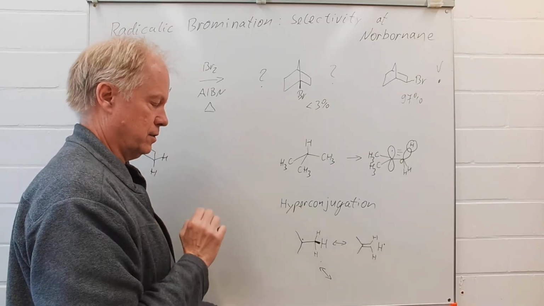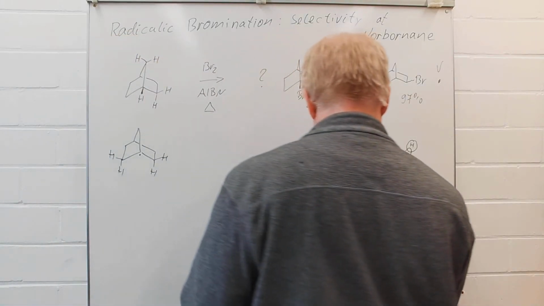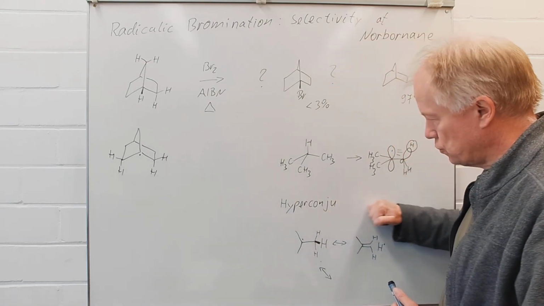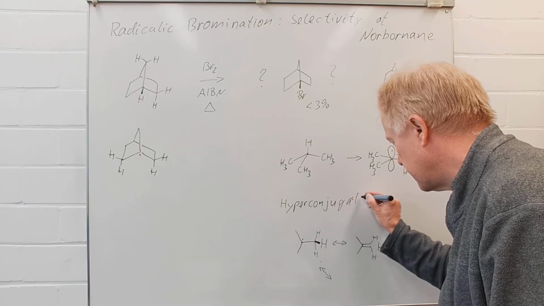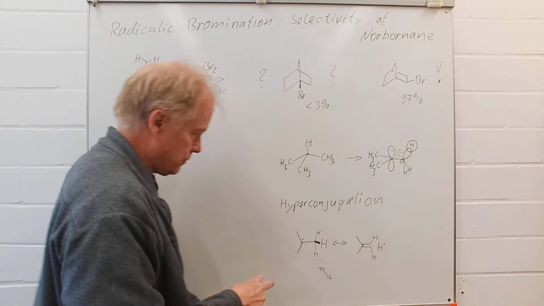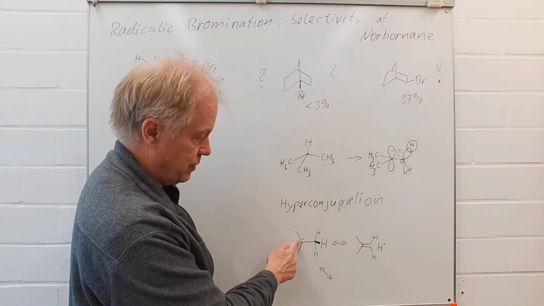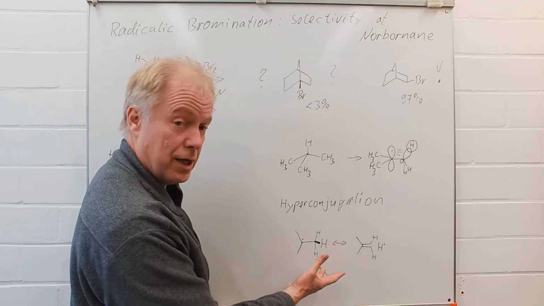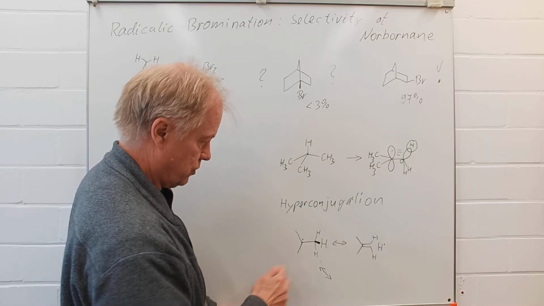So the second reason for stabilization is the so-called hyperconjugation. Imagine we have the radical center here, and we can now visualize it by mesomeric structures.